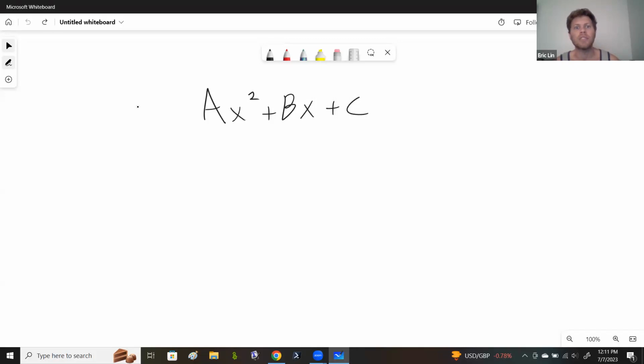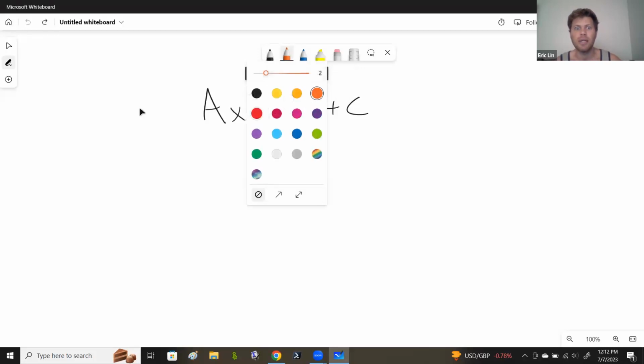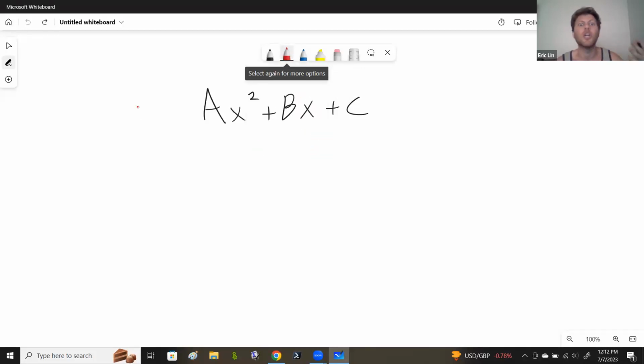And I want to discuss the a term. As it turns out, if a is allowed to be anything other than 1, it makes this process a lot more difficult. So factoring becomes a lot more difficult if a is 2, or if a is negative, or if a is 6, or anything like that. Because we are trying to baby step our way to a good understanding, we're just going to go ahead and allow a to be 1 for this video.